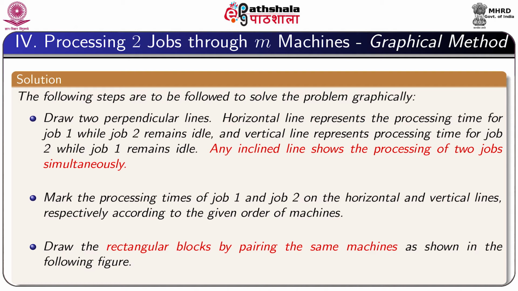We then mark the processing times of job 1 and job 2 on the horizontal and vertical lines respectively according to the given order of machines. We then draw the rectangular blocks by pairing the same machines as shown in the figure.